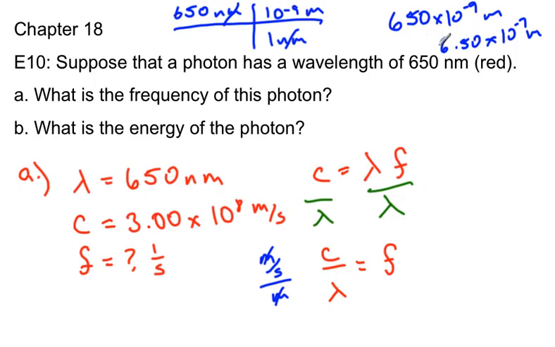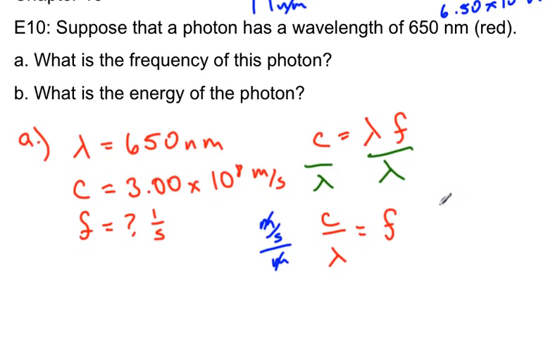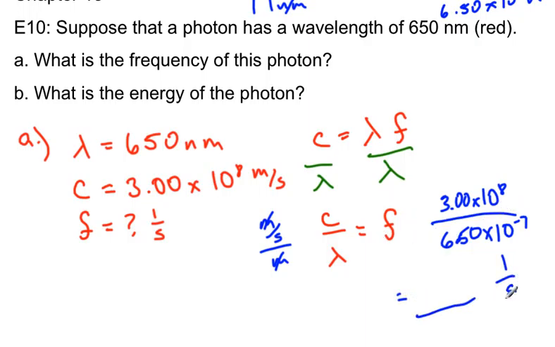Okay, so this is what we're going to use for our wavelength. So let's plug in the numbers here. Speed of light, 3.00 times 10 to the 8th, divided by 6.50 times 10 to the, what was that, negative 7th. That's what I prefer to use. Okay, and this will get us something in 1/s for the frequency.